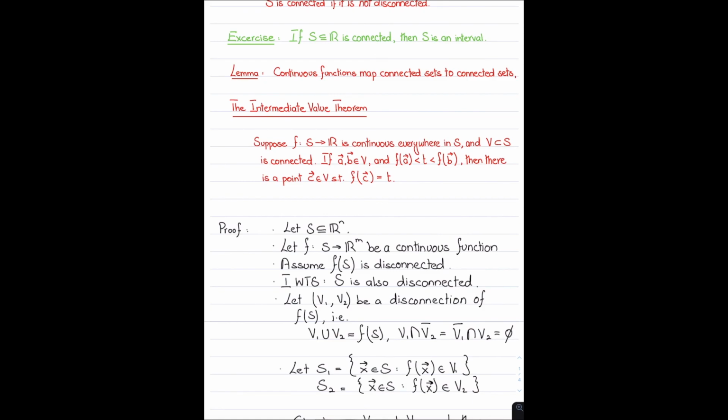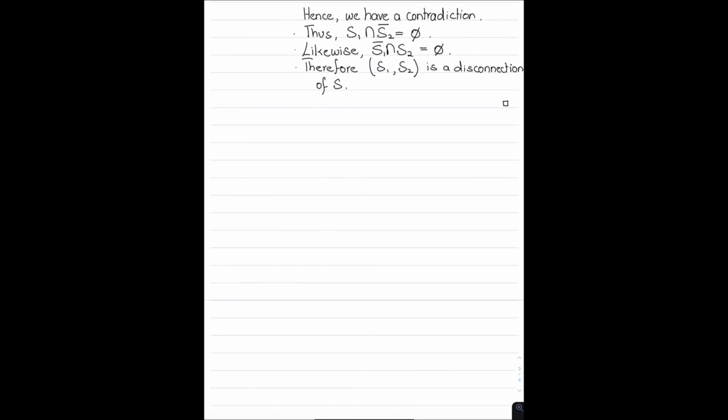So let's go ahead and write that out. Now this is the proof of the intermediate value theorem. Here's how we're going to start. Let f be a function that maps from S to the set of real numbers, be a continuous function. Also, let V, which is a subset of S, a proper subset of S, be a connected set.